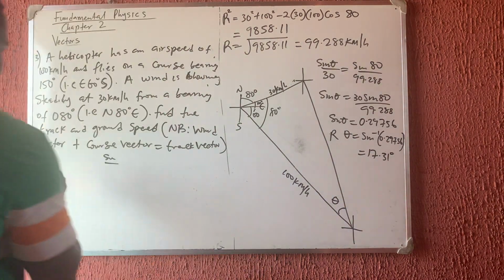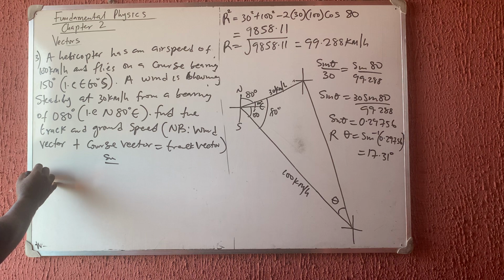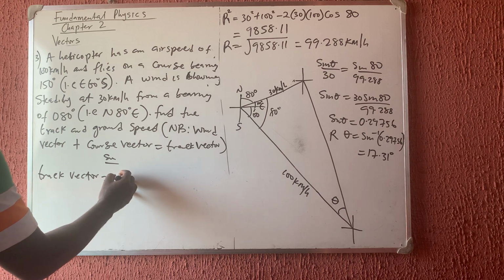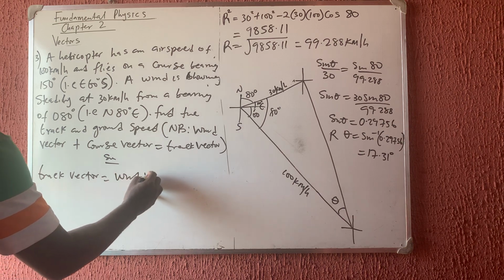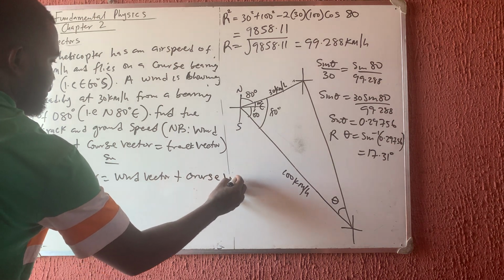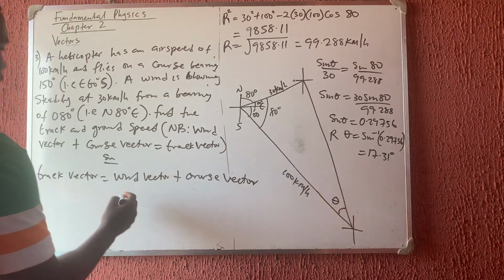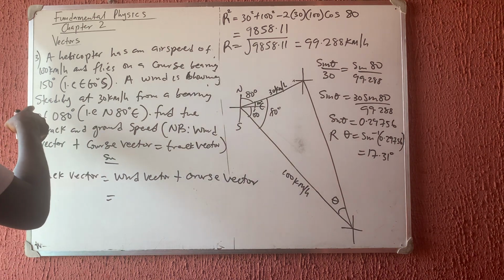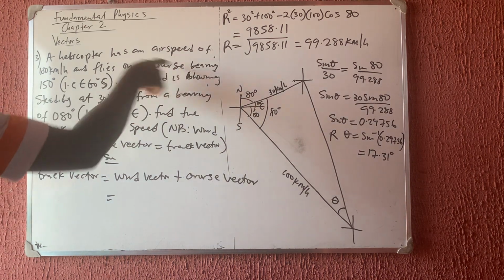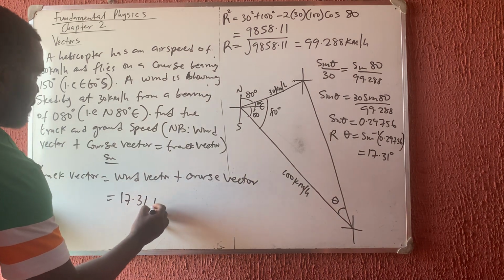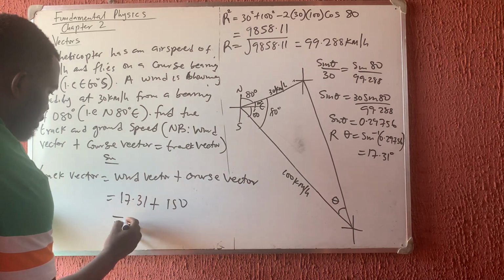So therefore, my track vector is equal to what? They gave us wind vector plus our course vector. Okay, so the course vector is 150. So we have the wind vector as 17.31 plus 150, which is what?